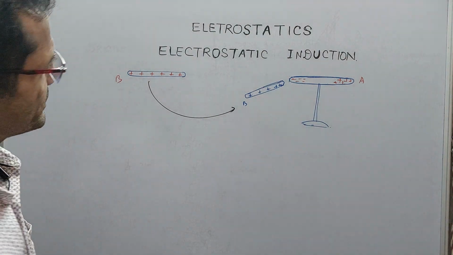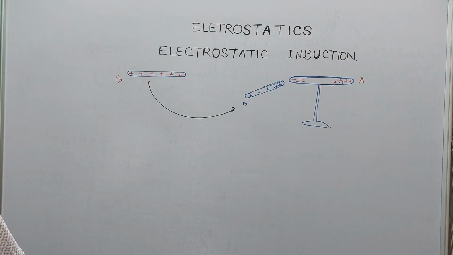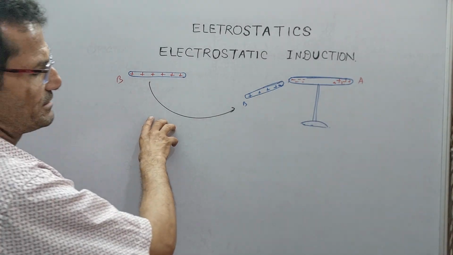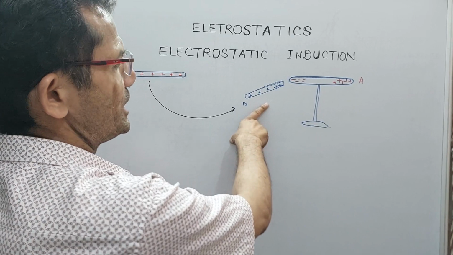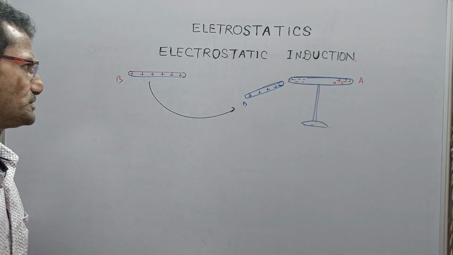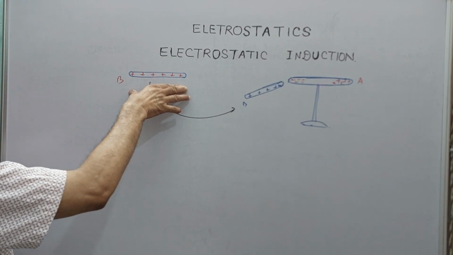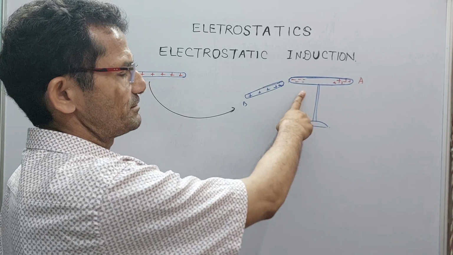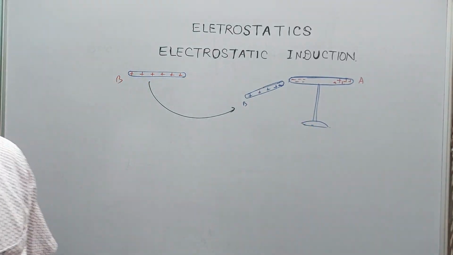Is it only possible that positive charges can induce charges in another object? No. Also if this charged rod has negative charges, it can induce this end with positive charges.